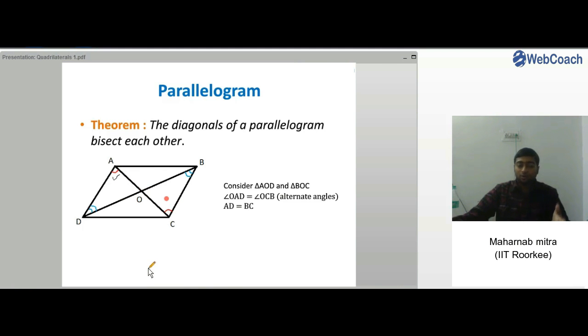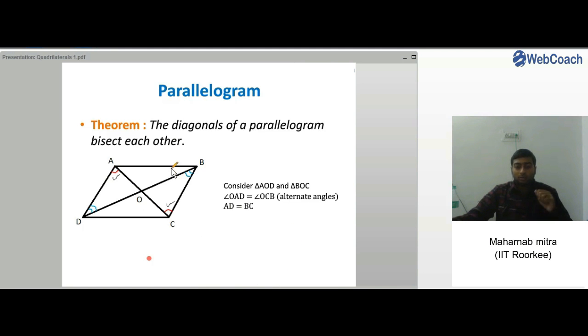These two angles are equal. Why? Both of them are alternate angles, where AD is parallel to BC and AC is the transversal. And also we have got that AD equals BC, because the opposite sides of a parallelogram are equal.